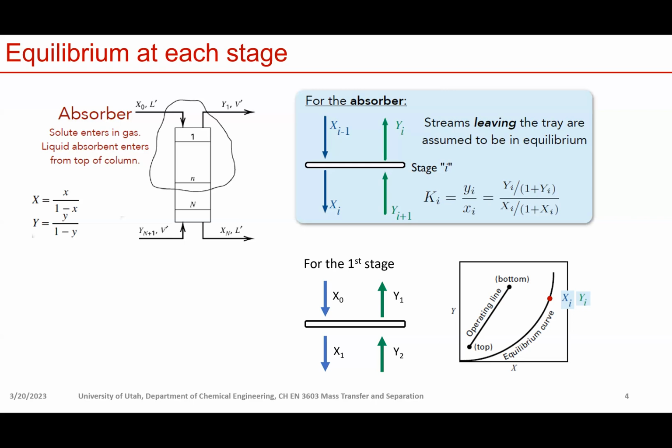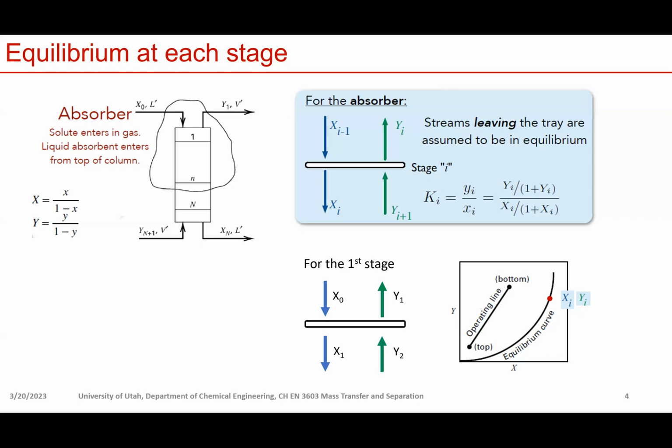Now we're going to introduce the graphical method to describe this. Remember that previously, when we talked about vapor liquid equilibrium, we introduced several graphs to describe the system at equilibrium. One is the TXY diagram, the other is the XY diagram. In the XY diagram, we plot the mole fraction of one component in the vapor phase with respect to the mole fraction of the same component in the liquid phase.